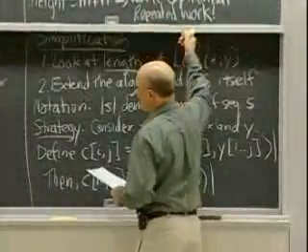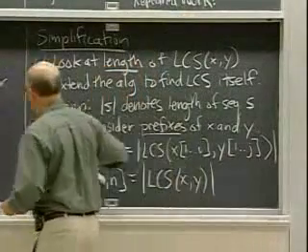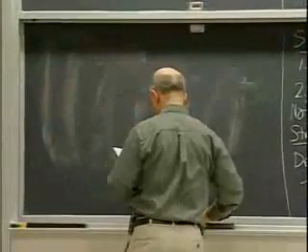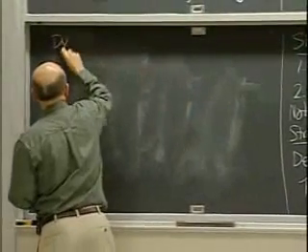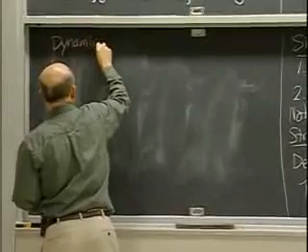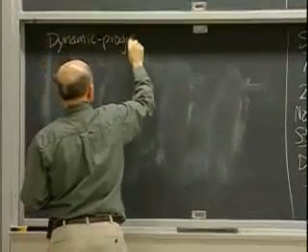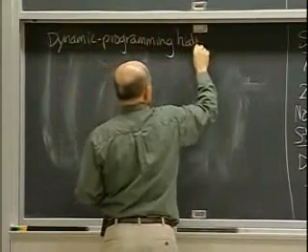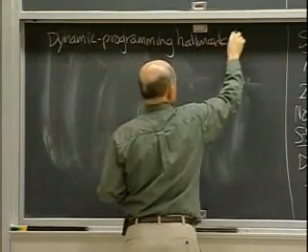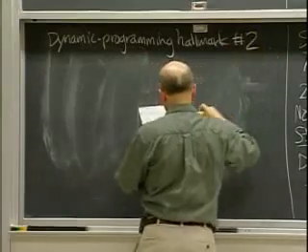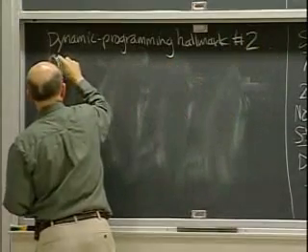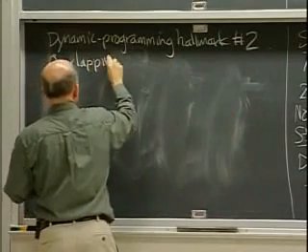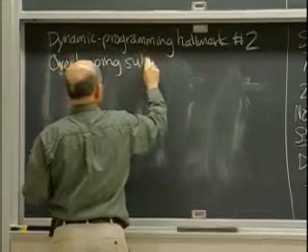So that brings up our second hallmark for dynamic programming. And that's a property called overlapping subproblems.